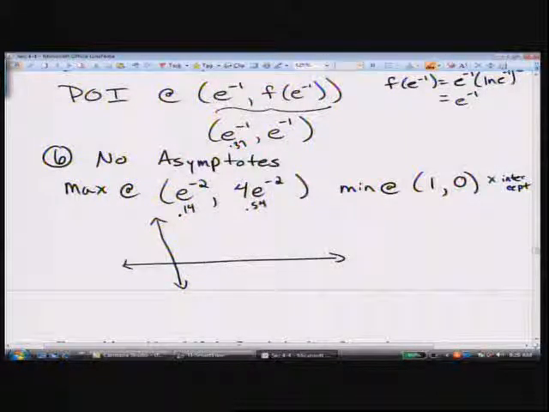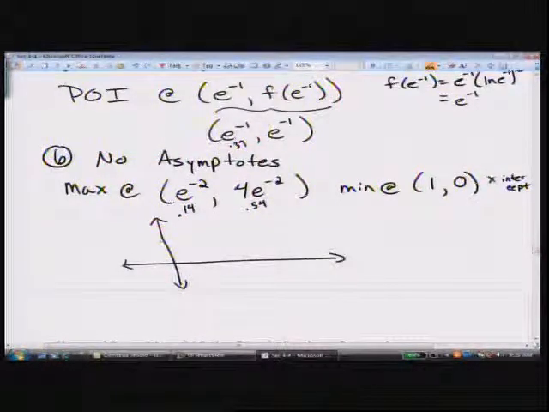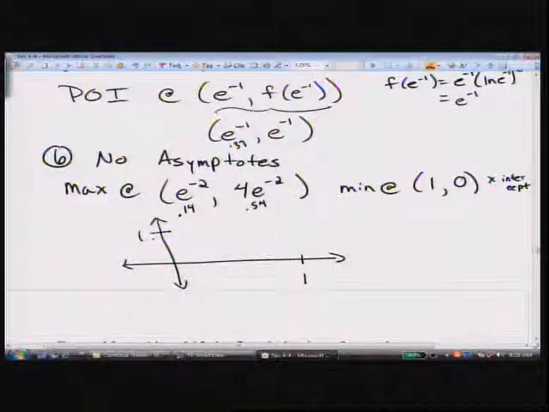Okay, so we have a min at 1, 0, a max. Okay, so it looks like we could call this 1, and this can be 1. And then 0.14, 0.54, so just kind of about right here, we have a max.